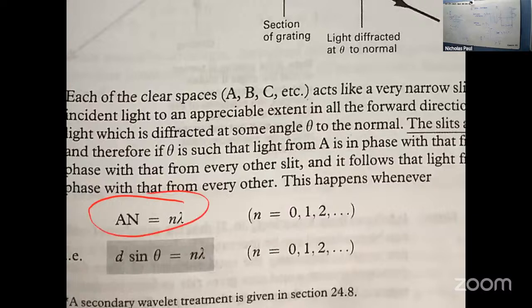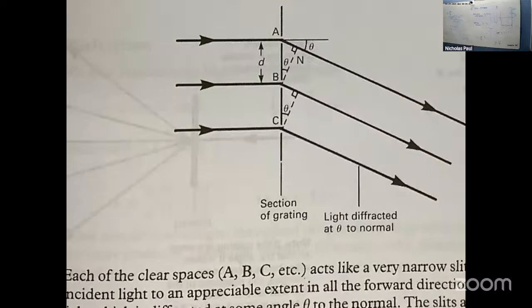Everybody okay with that? If we do a little bit of maths, watch good. d is the separation between the slits. d is not the opening. d is the separation between the slits.